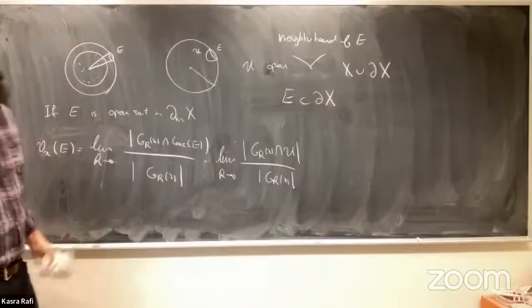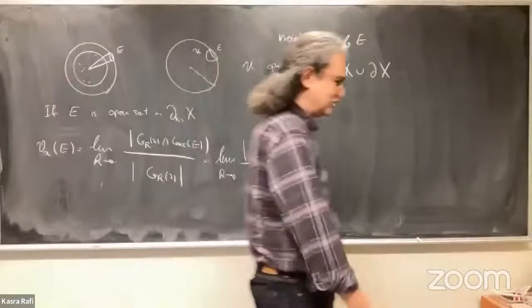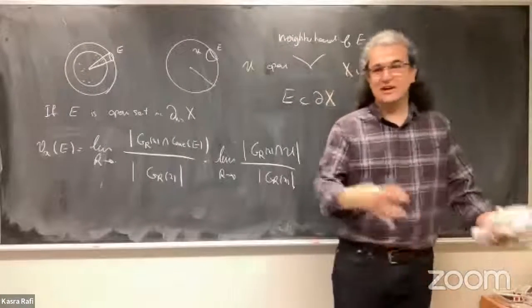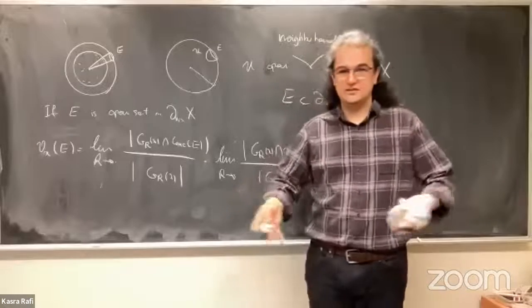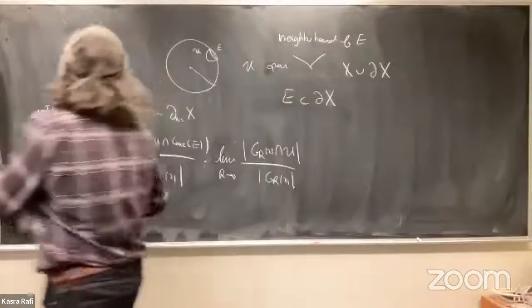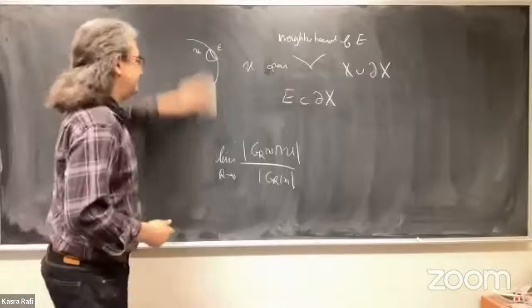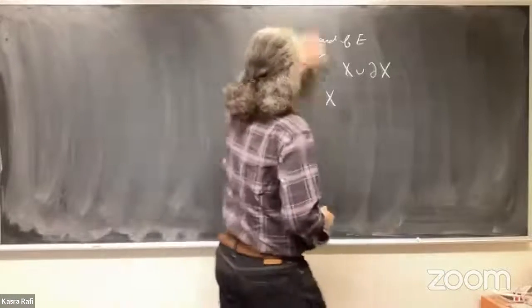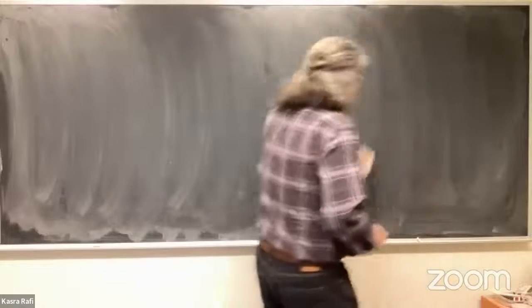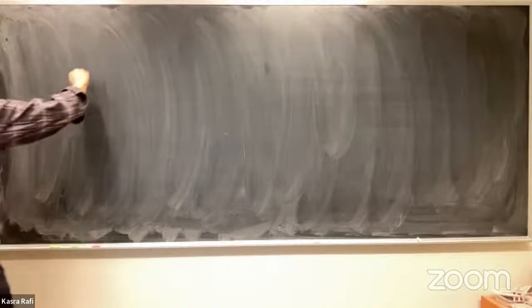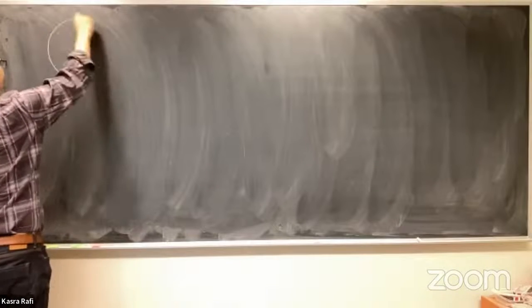So what we are going to use today is the relationship between the Patterson-Sullivan measure and the geodesic flow on the space. Maybe I should say a little more about some properties of the Patterson-Sullivan measure.